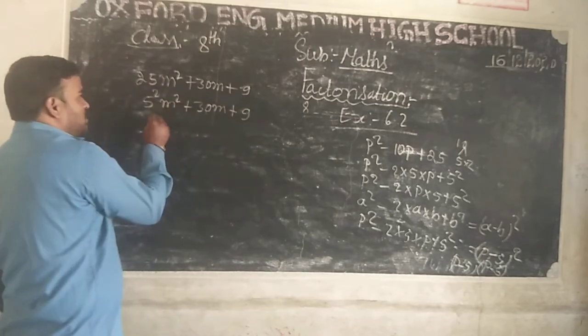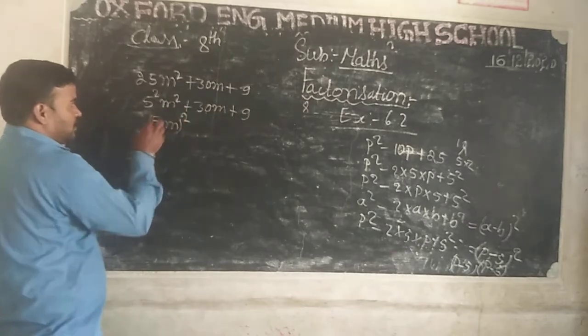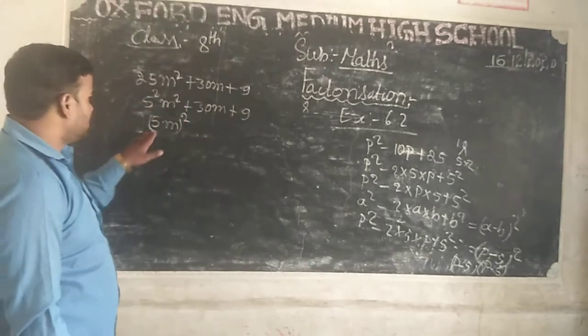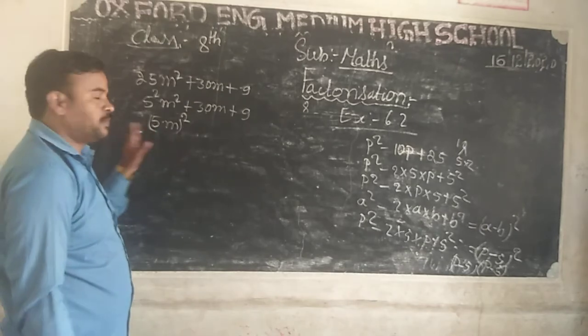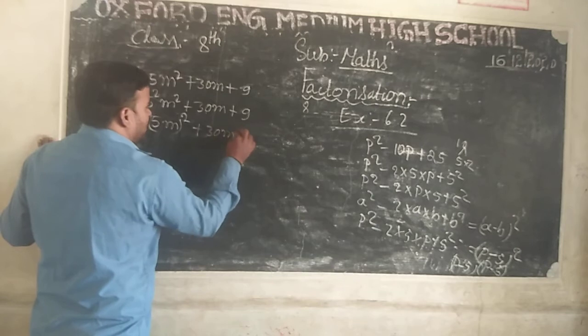So 5 square m square is nothing but what? 5m whole square. 5 square m square we can write like this, right? Plus 30m plus 9.